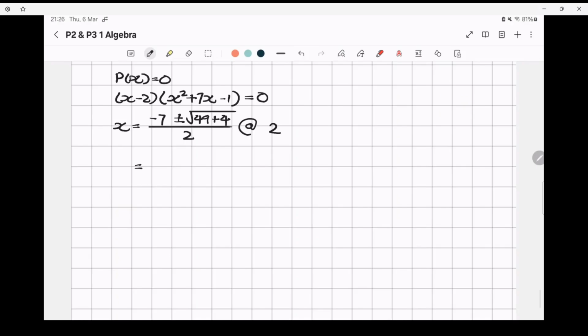So your final answer should be minus 7 plus or minus square root of 53 divided by 2, or x equals 2. So those are your solutions.